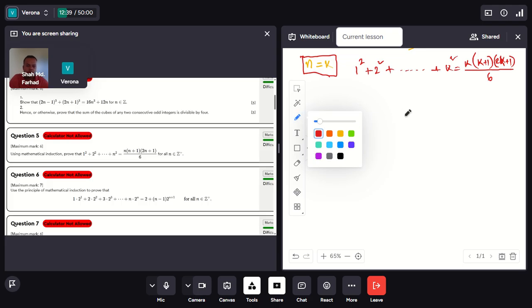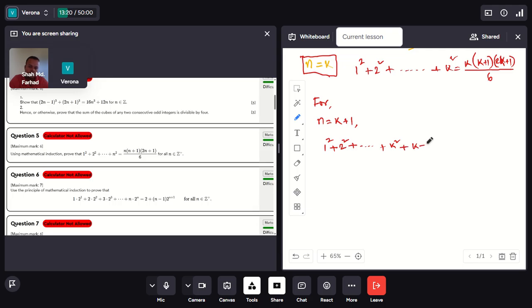For n equals k plus 1, we are getting 1 square plus 2 square plus dot dot plus k square, and then we have to add k plus 1 whole square.